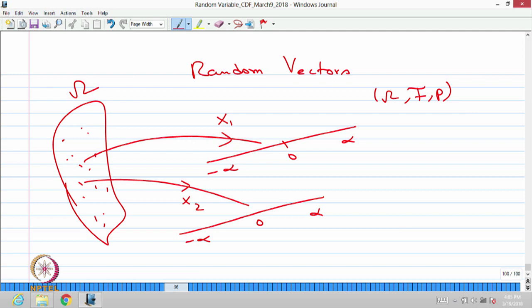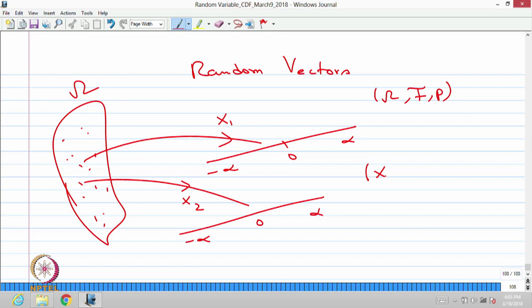Now we are going to create a random vector by putting a few random variables together or jointly. If you take x1, x2 together, this is called a two-dimensional random variable, or a random vector of size 2.